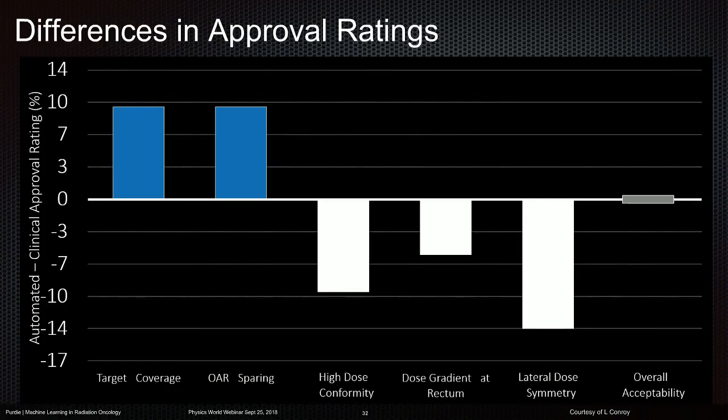Where automated planning did a little bit worse was in high dose conformity, so the dose may not have been as high, or in some of the softer dose evaluations like the gradient or the symmetry.